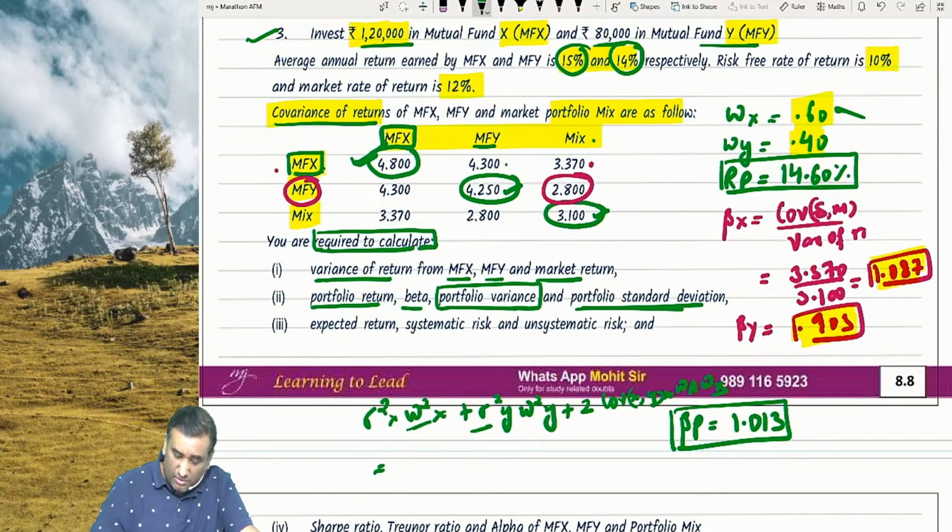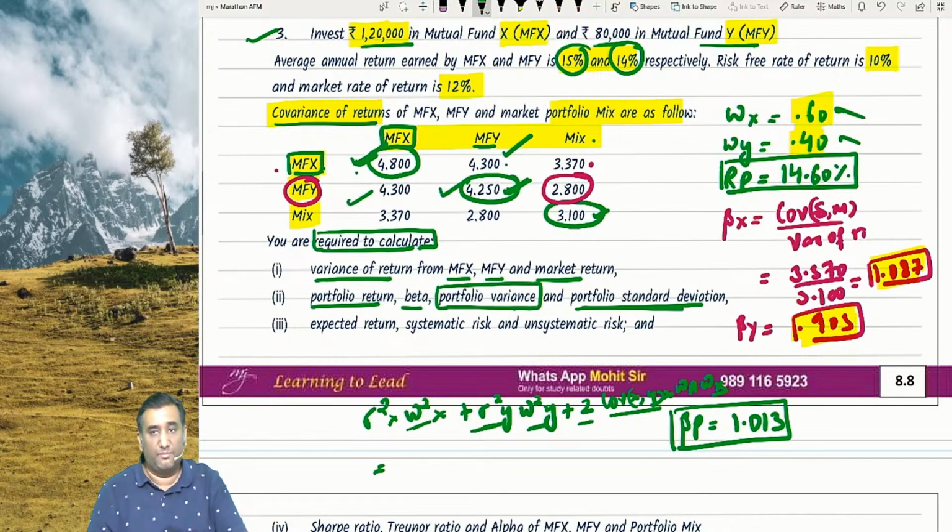Y variance is 4.250 into 0.4 square. Plus 2 into covariance XY, which is 4.3 either way in the matrix, into 0.6 into 0.4.